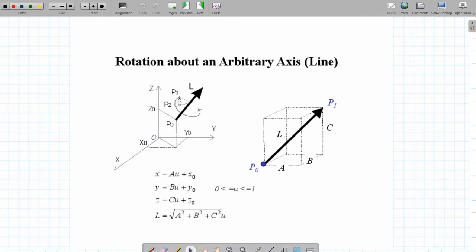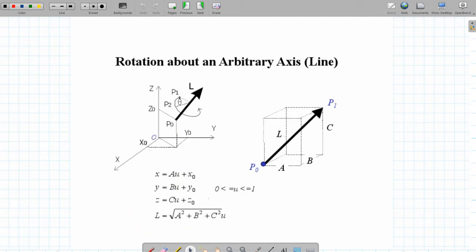So how it goes like x equals au plus x0. X0 is the x coordinate of this starting point p0, y equals bu plus y0, z equals cu plus z0. And what is u? U is your directional coefficient, and if you represent a line in vector form, it looks like something like this.